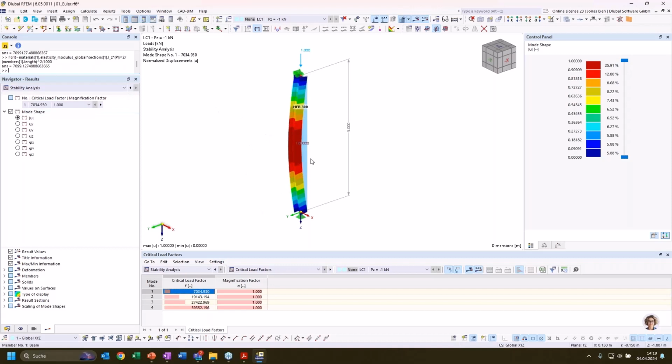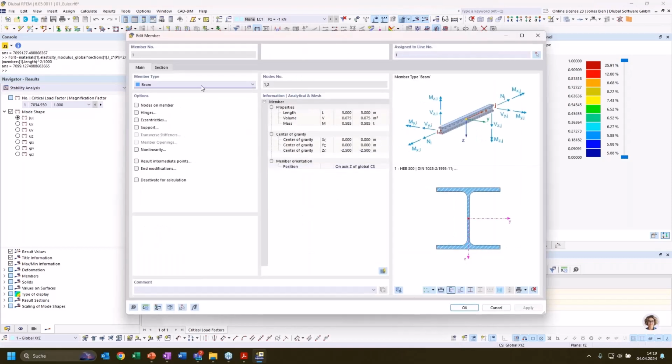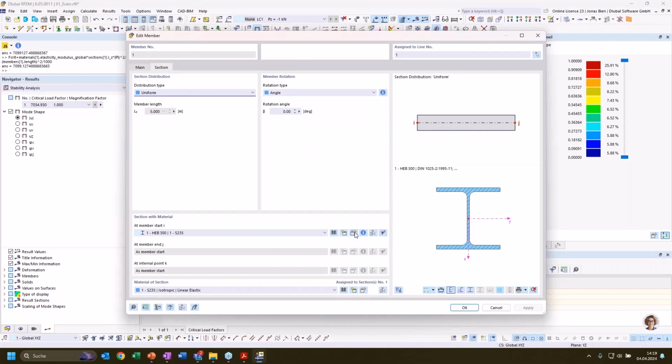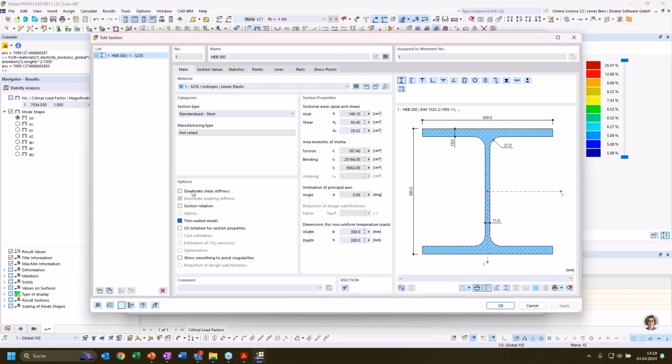And the difference comes from an effect that we take into account with the finite element method in our calculation, which is the shear stiffness of the section that was neglected by Euler.